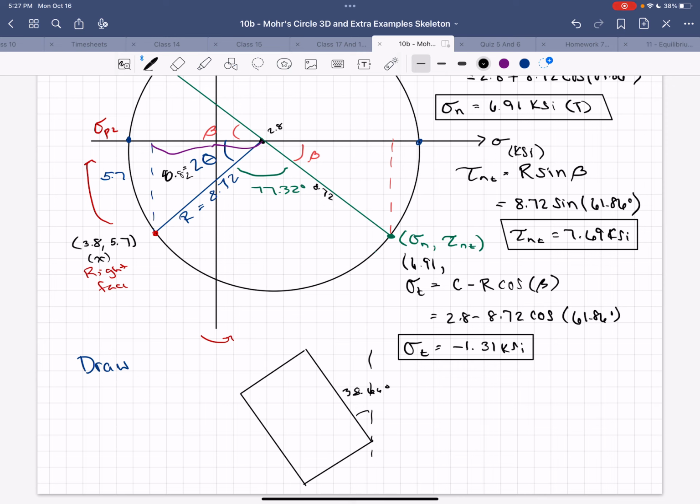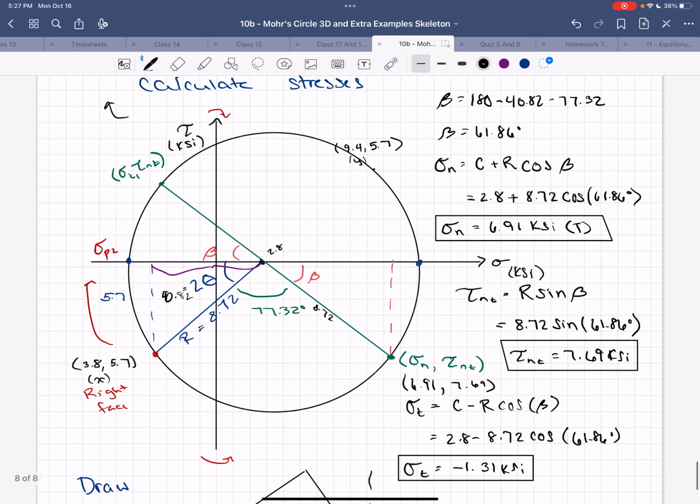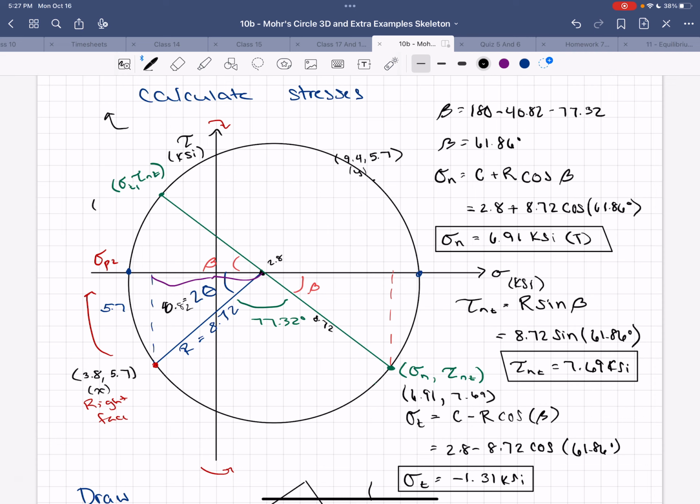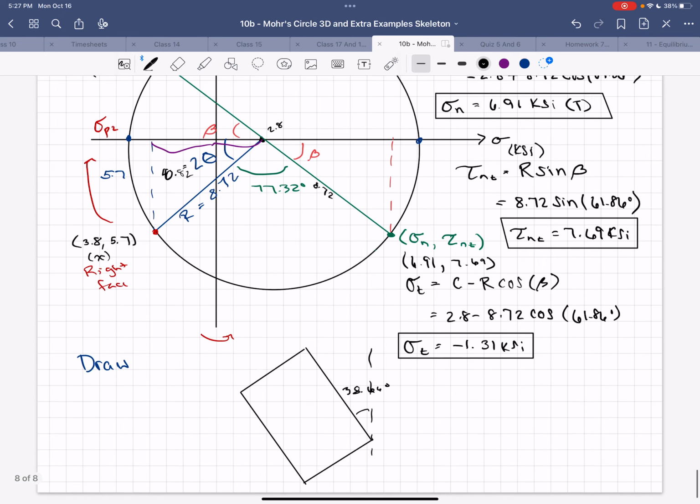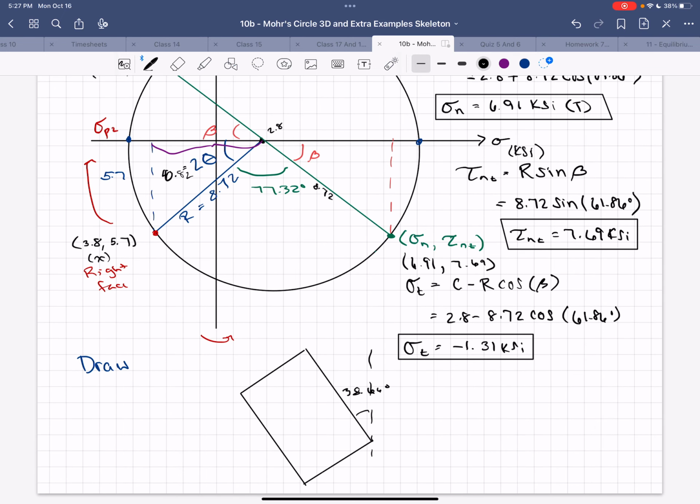Okay, and then on our new right face, which is here, oh, I forgot to label what this is. This is 6.91 and 7.69. This one up here, negative 1.31 and 7.69. Okay, we're almost done. It's a good thing I didn't do this in class. It's taken all day.